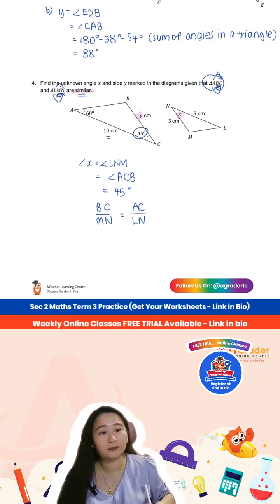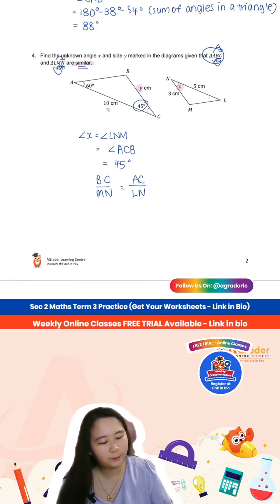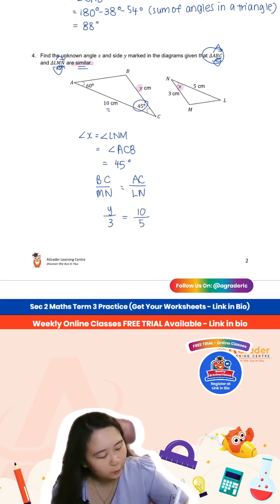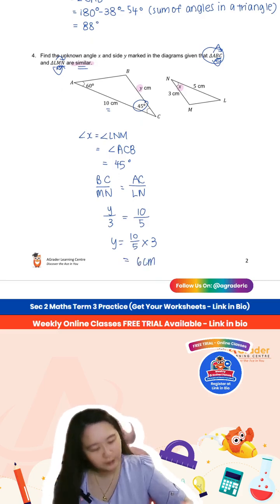Then we plug in the figures. BC is y, MN is 3, AC is 10 over LN is 5. So y equals 10 over 5 times 3. We'll get 6 cm.